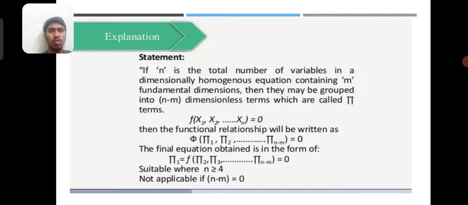Suppose f of x1, x2, ... xn equals 0, then the fundamental relationship can be written as pi of pi 1, pi 2, and so on up to pi of n minus m equals 0. The final equation is obtained in the form pi 1 equals f of pi 2, pi 3, and so on up to pi of n minus m. It is suitable where n is greater than or equal to 4, and not applicable if n minus m equals 0.